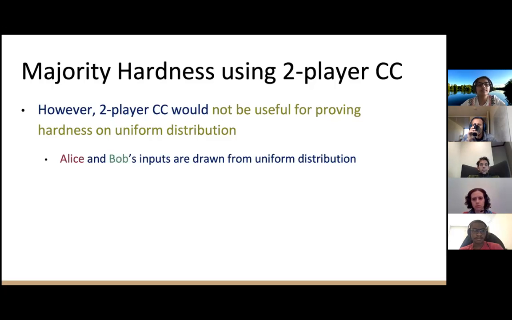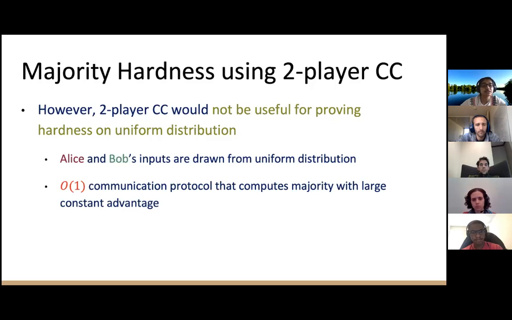Alice sends a single message to Bob, and Bob needs to compute the majority of the entire input stream with high probability over the uniform distribution from which these inputs are being drawn.